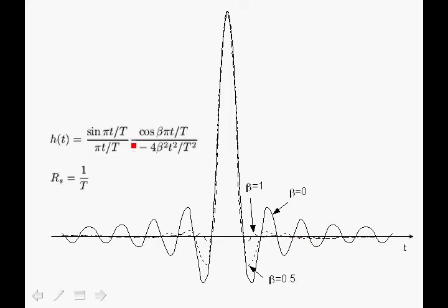But that also holds true for all other impulse responses for beta equals, for example, 1 and beta equals 0.5. So all these pulse shaping filters have a nice property of having 0 crossings at equal intervals of T seconds apart, such that they have 0 intersymbol interference. The symbol rate is 1 over T.